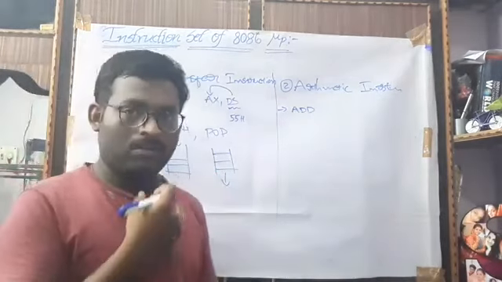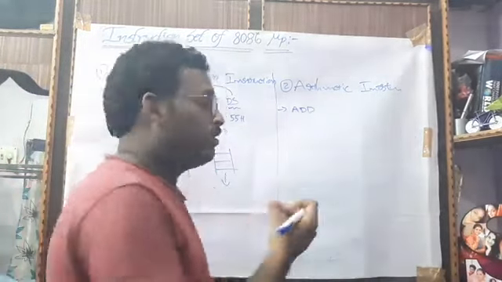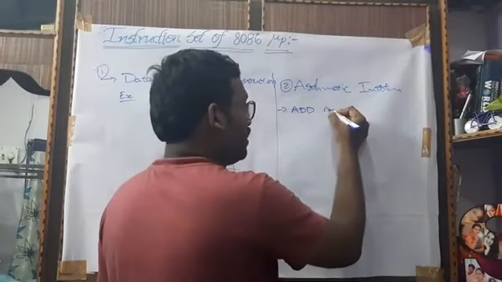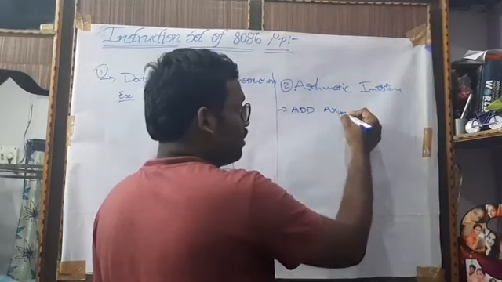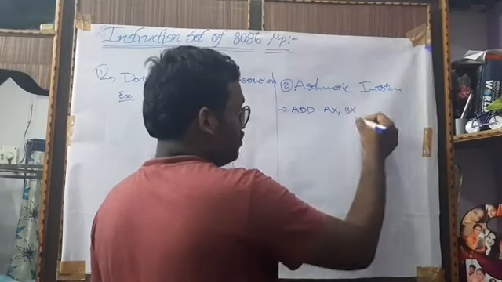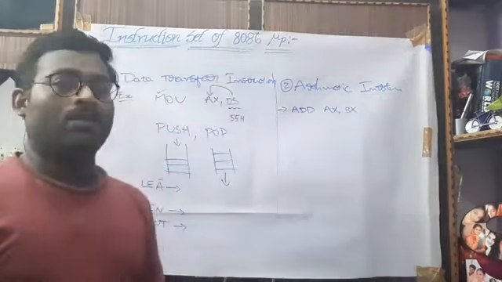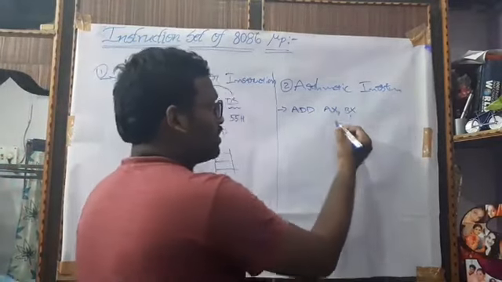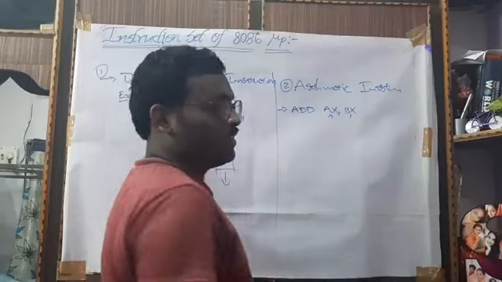Add means addition of the contents of two registers. With this instruction, the content of BX is getting added with the content of AX.